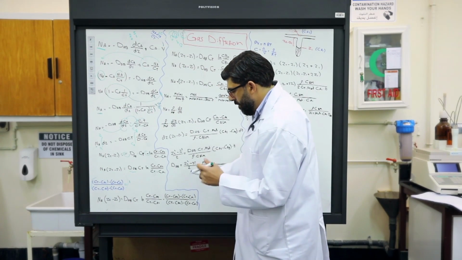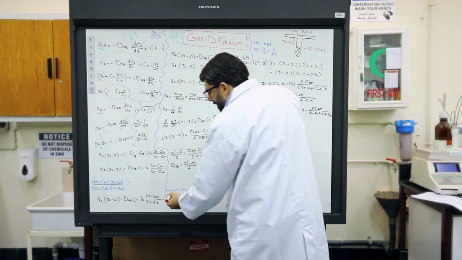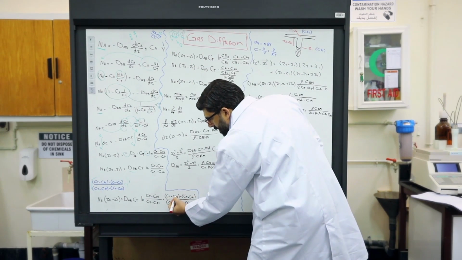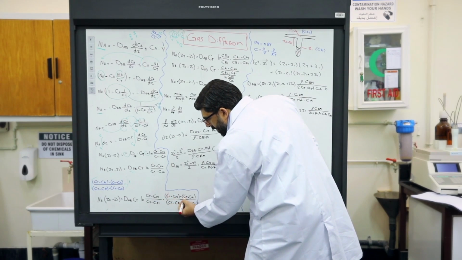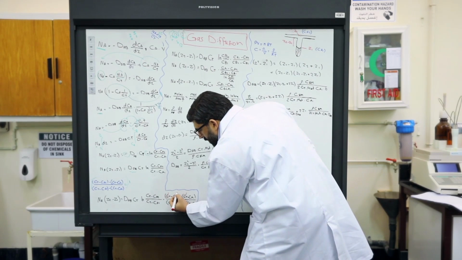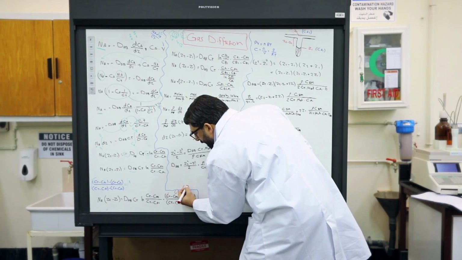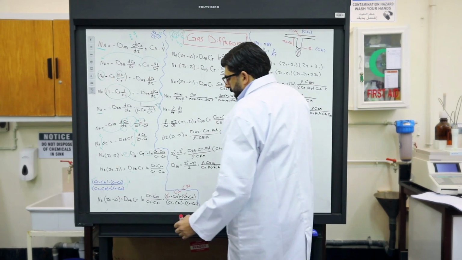Now in C_T minus C_A2, this is minus and this is minus, so C_T goes with C_T, and this part will be C_A1 minus C_A2.